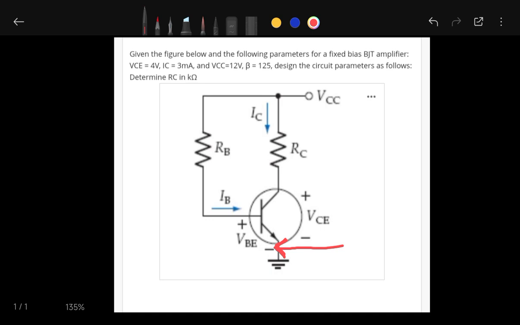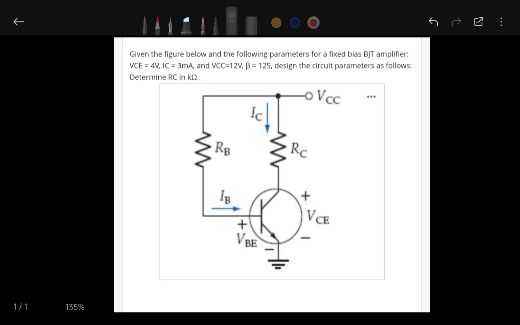If there was an emitter resistor, if it was the same circuit but with an emitter resistor, it would be emitter stabilized bias. Since there's no emitter resistor, we know it is a fixed bias. In this case they have specified the kind of circuit, but if they didn't, you just have to know what kind of circuit you are dealing with.